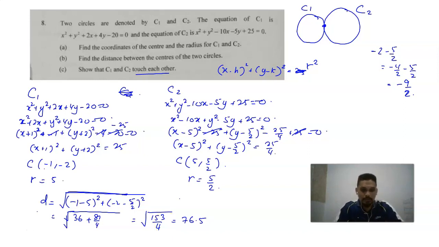So we shall take the square root of 36 plus 81 divided by 4. Okay, as you see on the screen now, equal to 15 over 2.